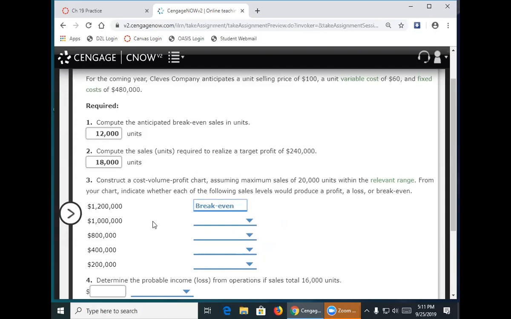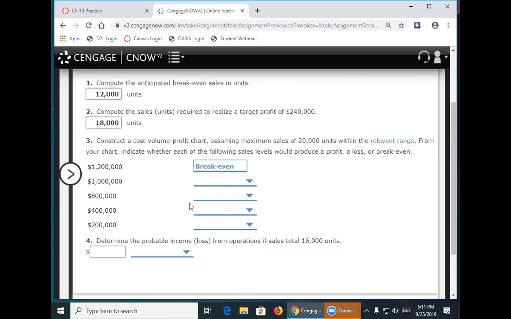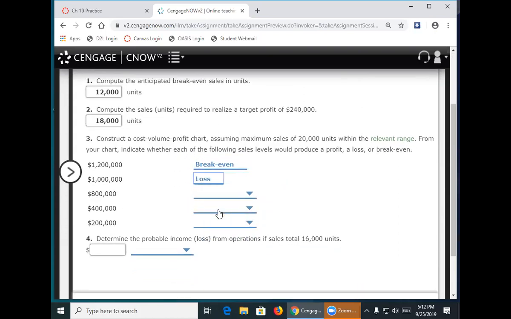I don't know why they couldn't throw us a profit, but when we have sales of 1,200,000, we're going to break even. Anything below that is going to be a loss. Your book does show that on a chart where you can visualize it more. But I just took, what's my break even in sales dollars? 12,000 units times the $100 sale price. So break even, everything else a loss.